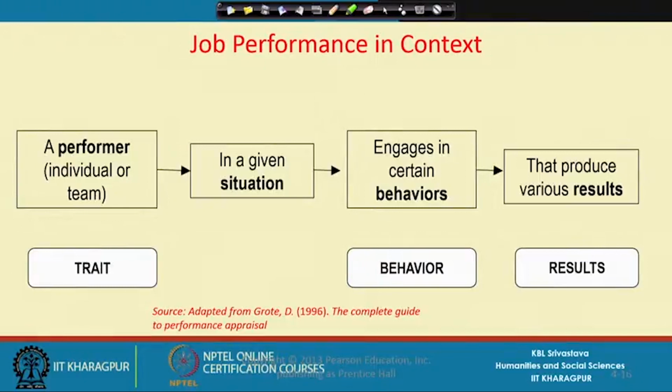All this is a part of the trait. Now, this individual or team is going to perform in a given context or situation, which is a part of the context.